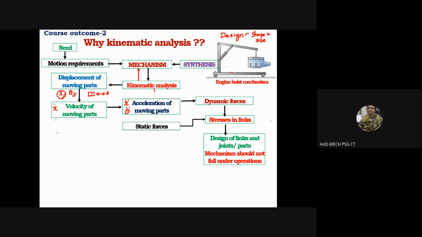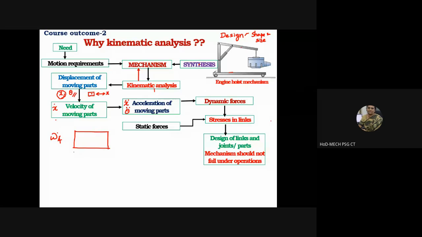By carrying out a velocity analysis and then further acceleration analysis, you can find out the variation of acceleration over time. For example, if I have a 4-bar mechanism and I give a constant angular velocity of say 10 radians per second to the input link, the output link number 4 will not have the same angular velocity. The angular velocity of link 4, omega 4, will keep changing over one cycle.